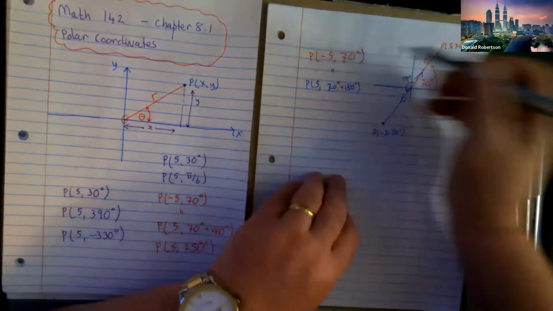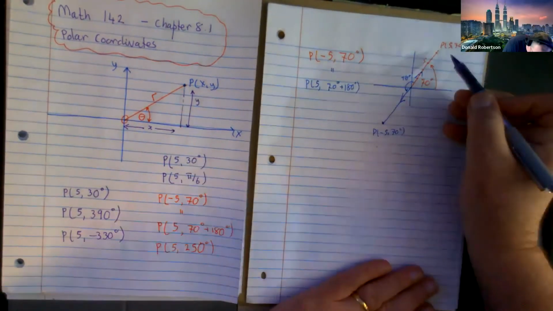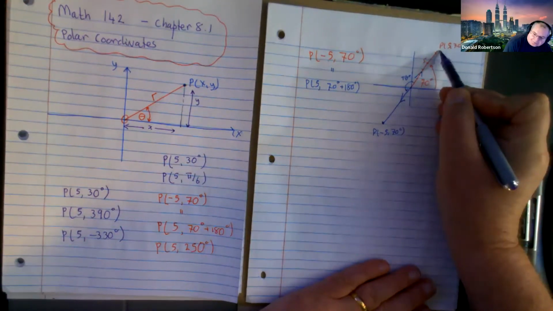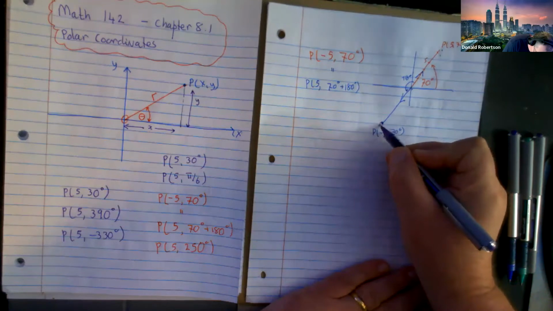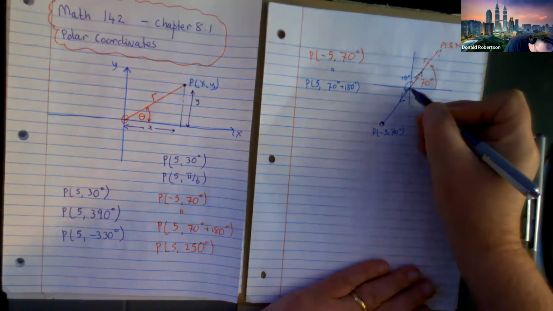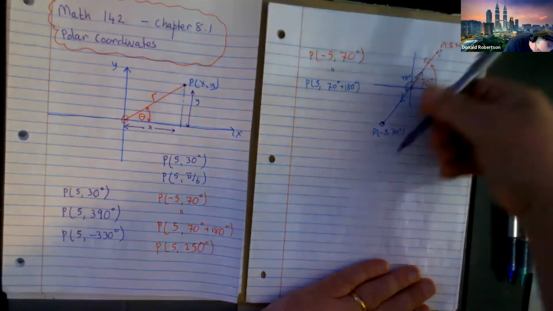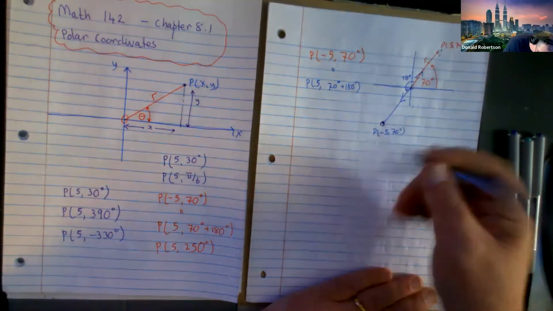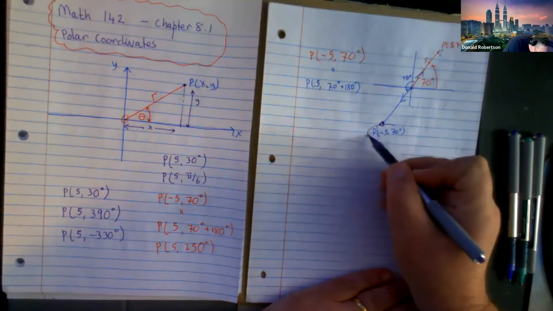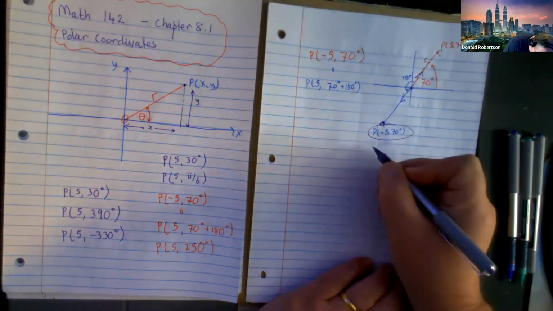Well, if you take 5,70, that's this one. Negative 5,70 is this one. Essentially, it's this line, but instead of going in the nice direction, outwards, you go backwards. So that's where negative 5,70 is.